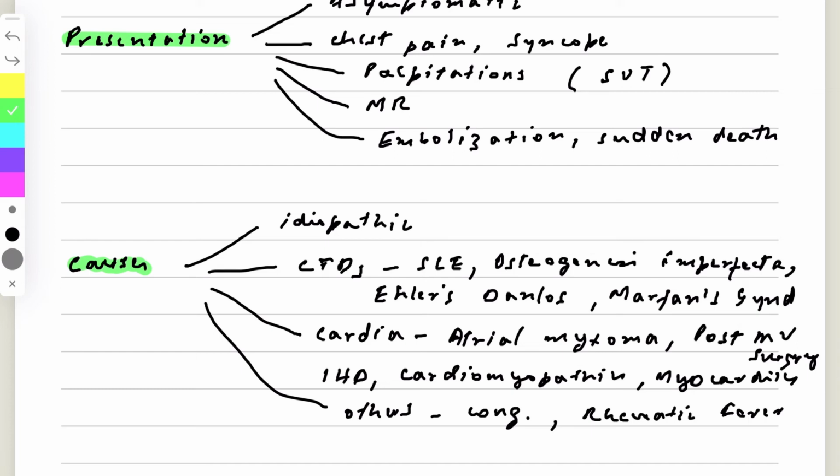Other cardiac causes include ischemic heart disease, cardiomyopathies, or myocarditis. And there are other causes: congenital causes and rheumatic fever. If the examiner asks you about the causes, these are the main causes for MVP.